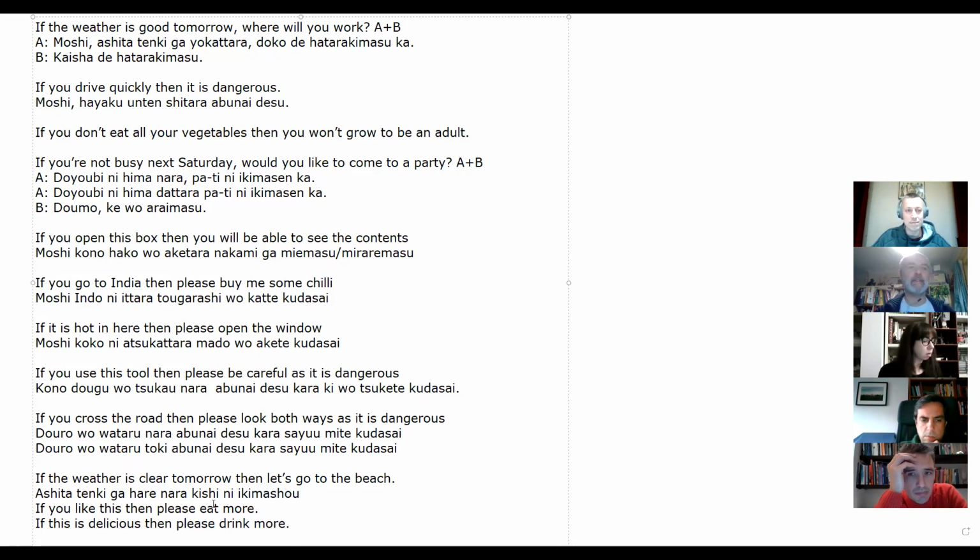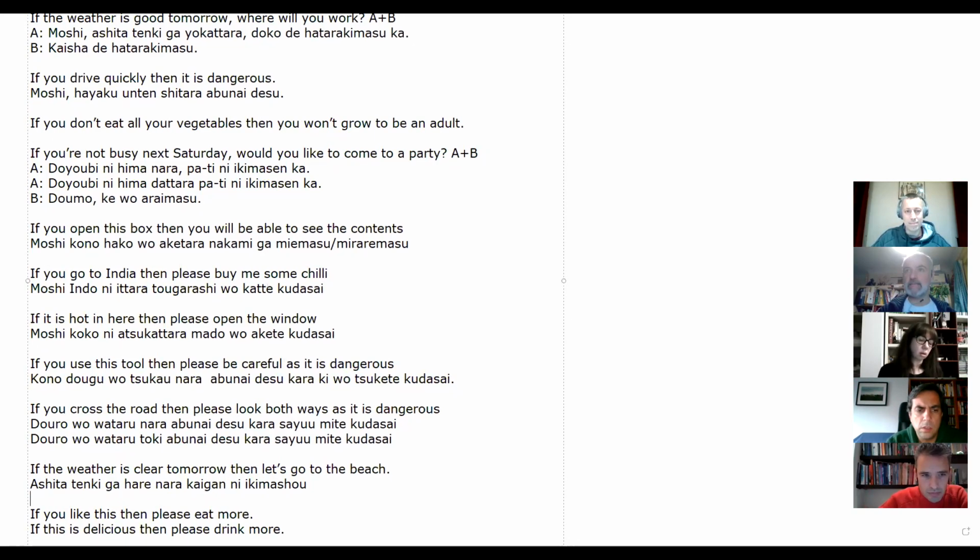Most people would say 海岸 (kaigan), I don't remember the word for beach. Kai is the kanji for ocean, the same as umi, and then gan means harbor or side. Okay. Cool.